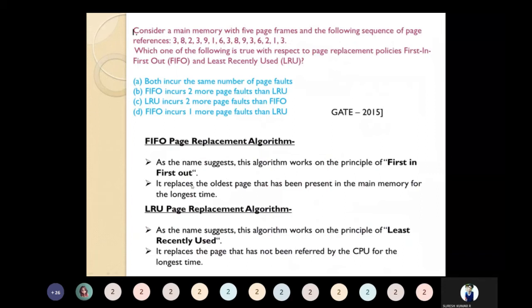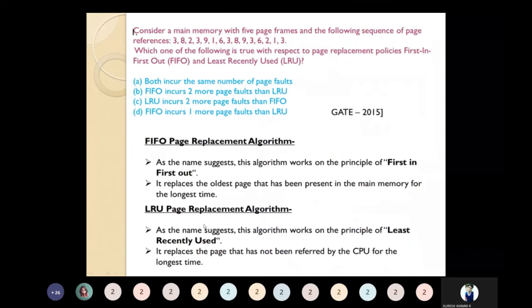When we need to replace, we choose the oldest page that has been present in memory for the longest time. Very simple method: whichever entered first has to be replaced.